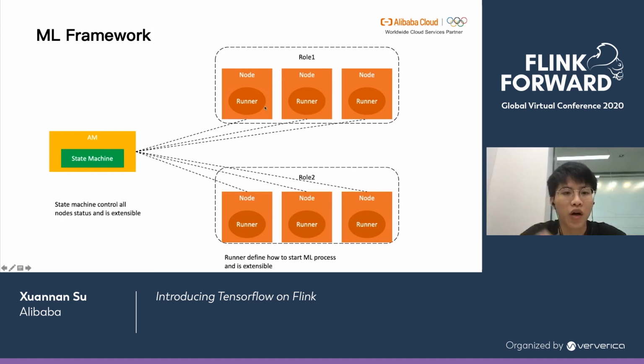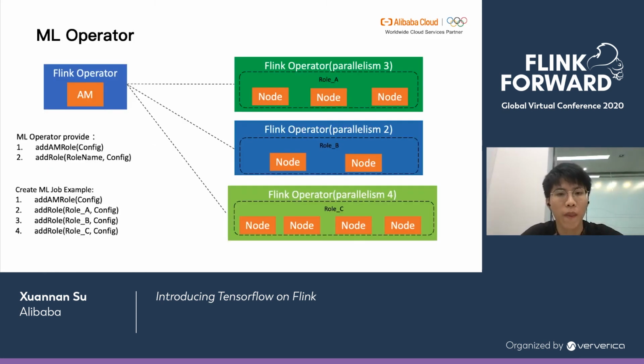Now that we have provided a machine learning cluster abstraction in the ML framework, how can we expose those concepts to the user and run a machine learning cluster on Flink? And that leads to the ML operator. The ML operator provides two important methods, add AM role and add role.